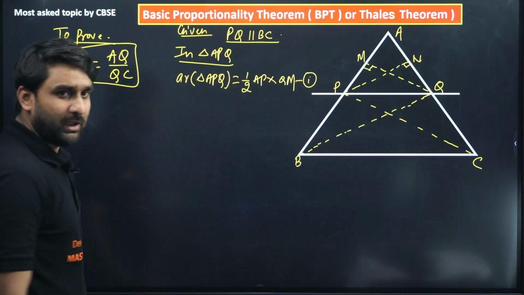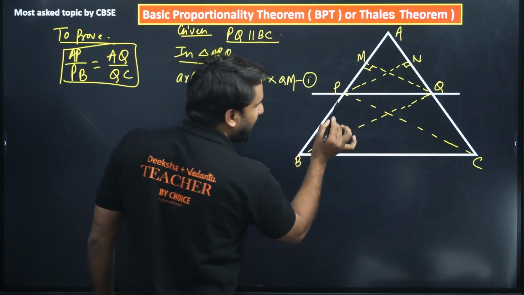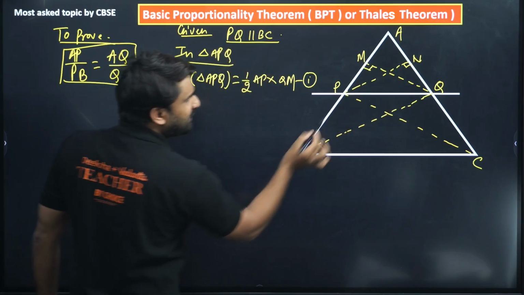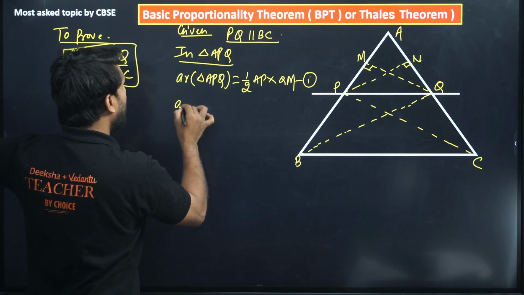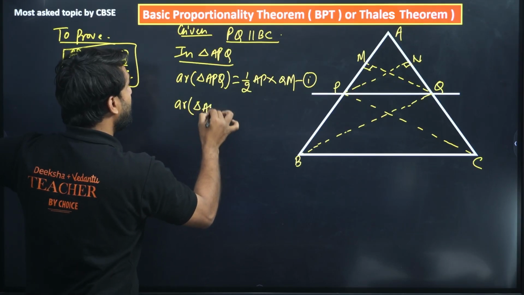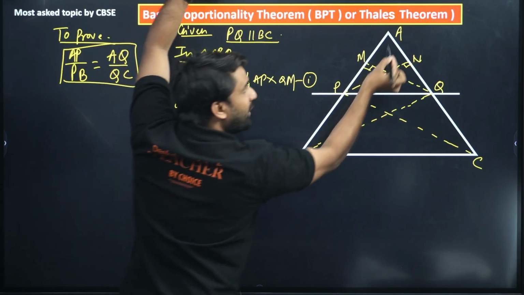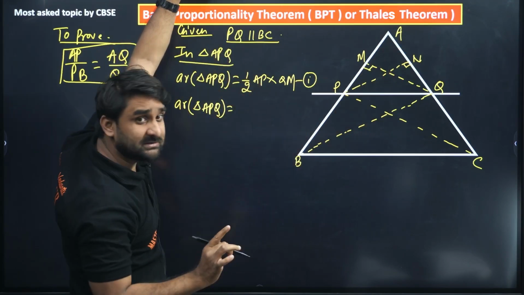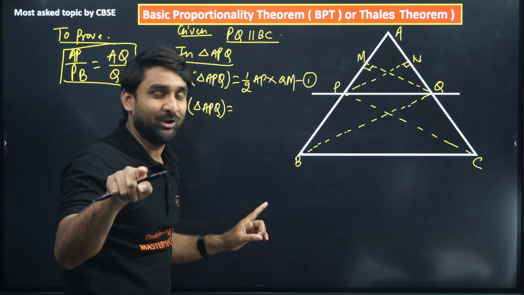Mark that equation 1. Now again, if we treat this triangle APQ, can we write its area differently? When I consider AP as base, the height is QM in triangle APQ.